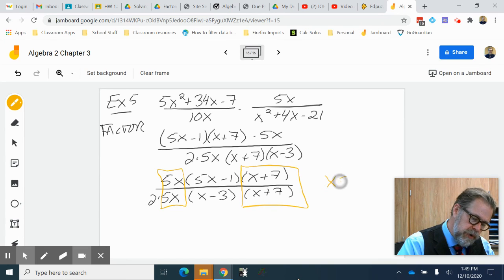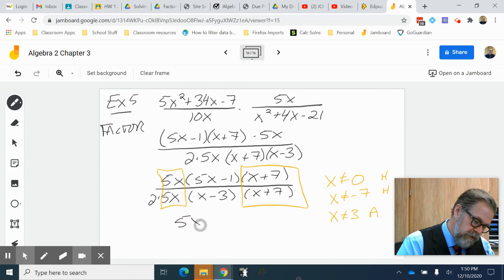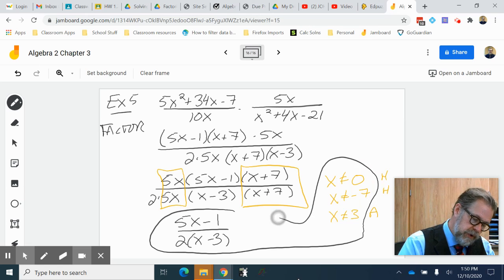My domain restrictions are x not 0, x not negative 7. Those are both holes. And I've got another domain restriction at x not 3, which is an asymptote. And this expression simplifies to 5x minus 1 over 2 times x minus 3 with the domain restrictions listed over there.